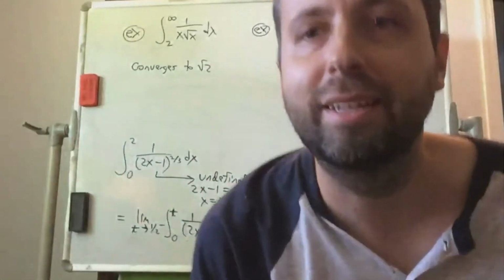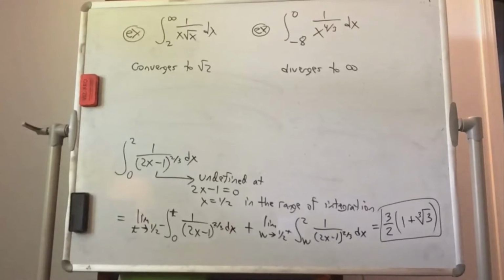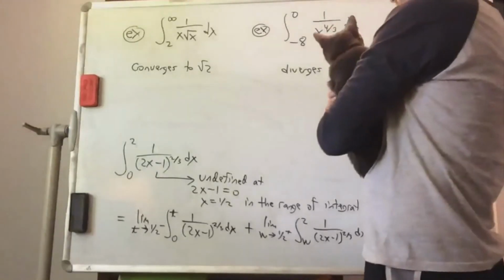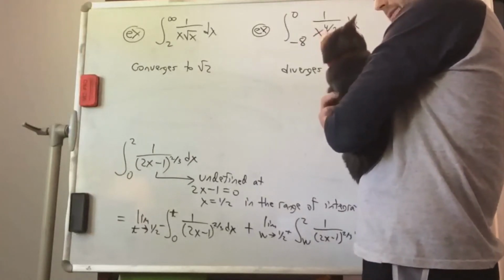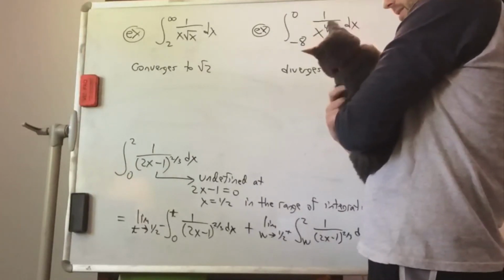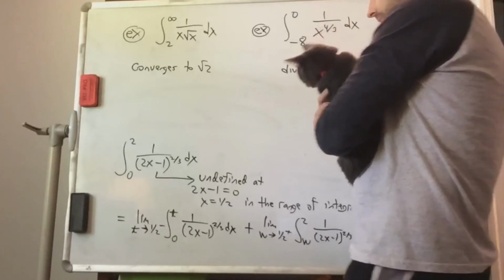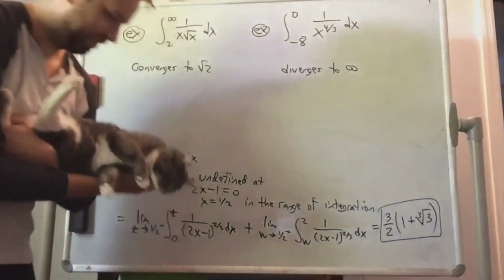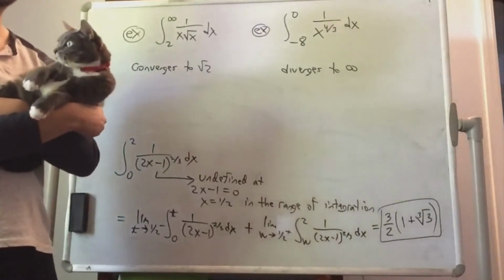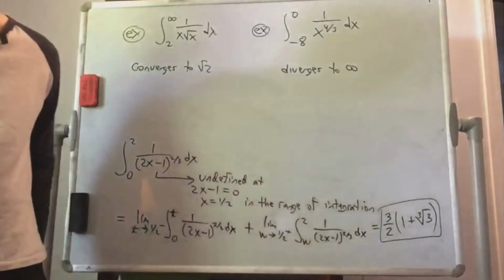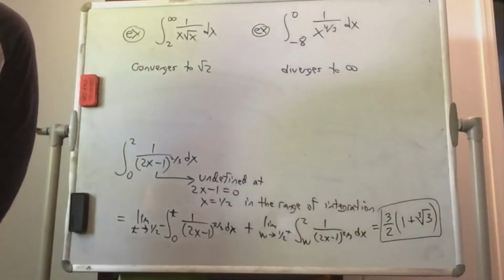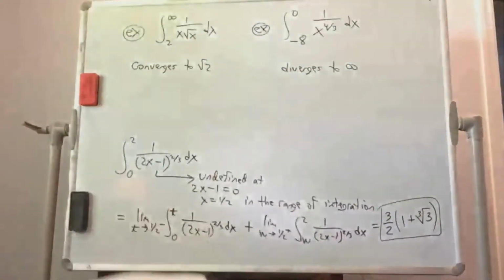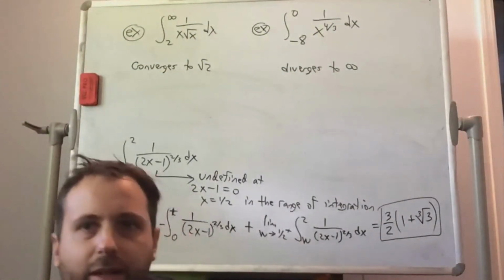Visible clumps of hair. Mr. Monty, were you left out? Were you left out?